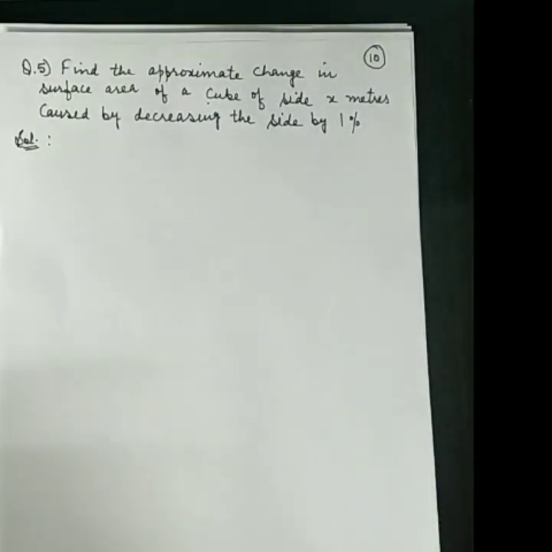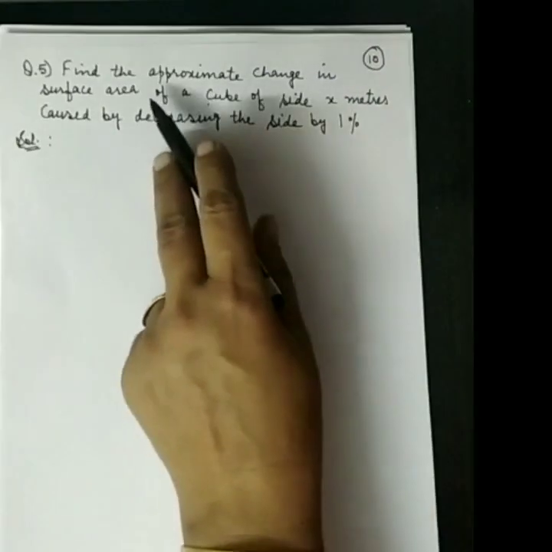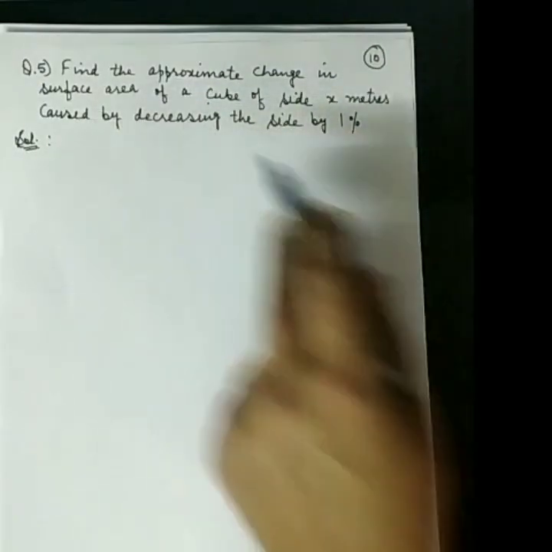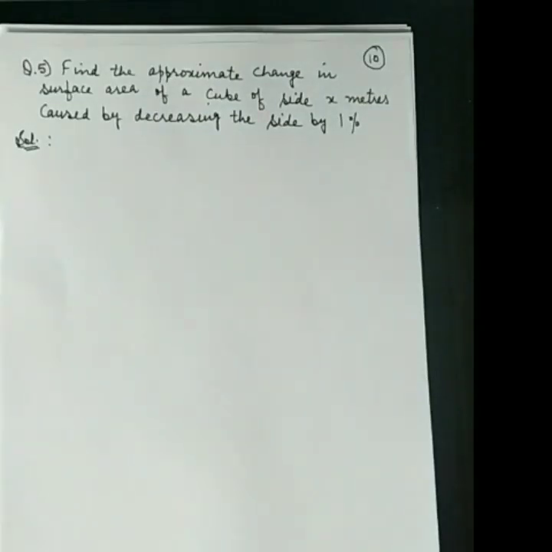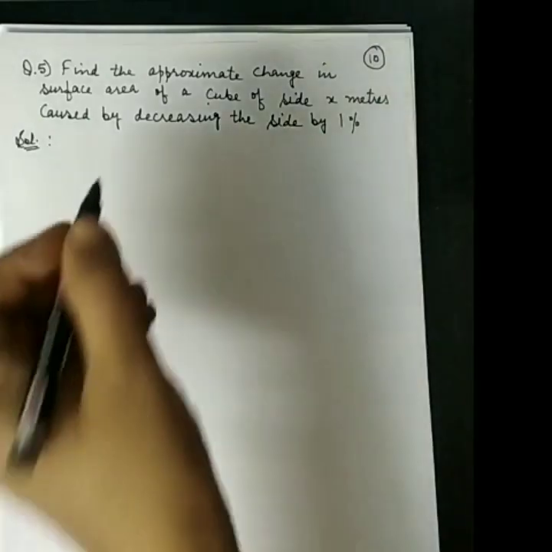Side is decreased. That means delta x is given. And what you have to find is the approximate change in surface area, that is dS, if S is the surface area.